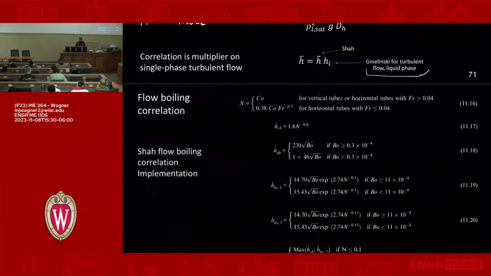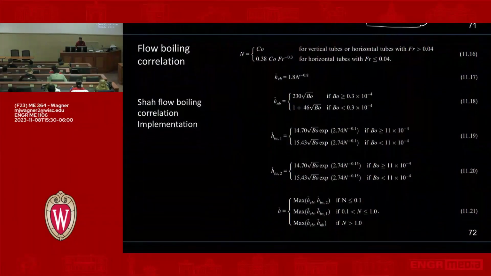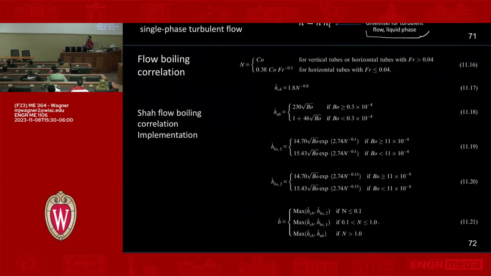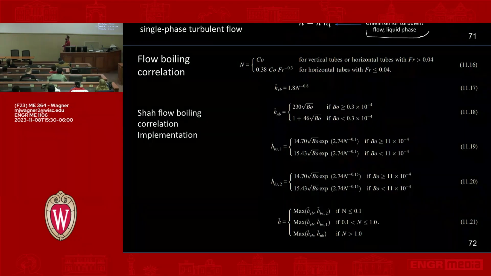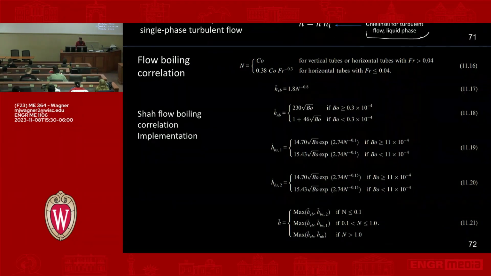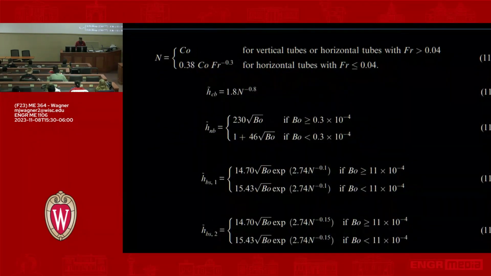So for example, I realize this is hard to see, but let's assume that we had computed the boiling number, the Froude number, and the convection number. We already have those in hand. Then we just go through this process, right? If you were in EES or MATLAB or something, you would of course have this in a function. You compute the values, and then you say, okay, am I considering vertical tubes or horizontal tubes?